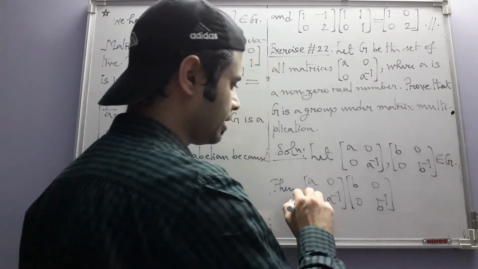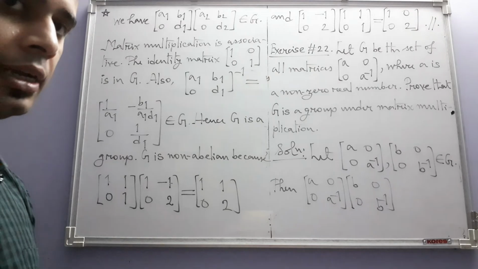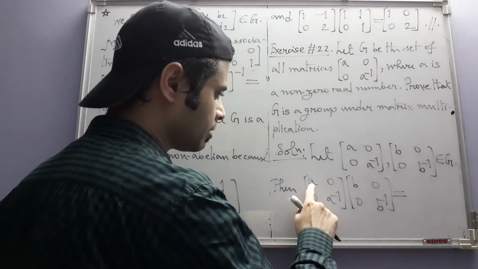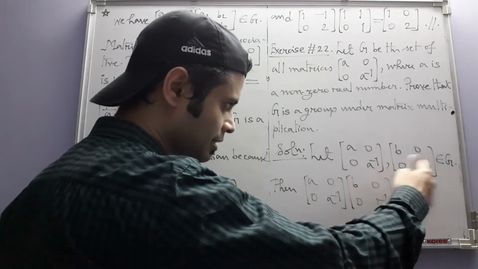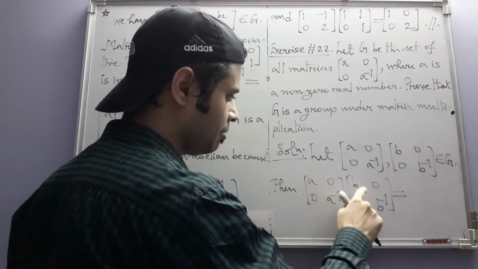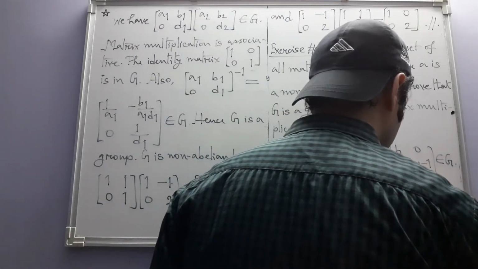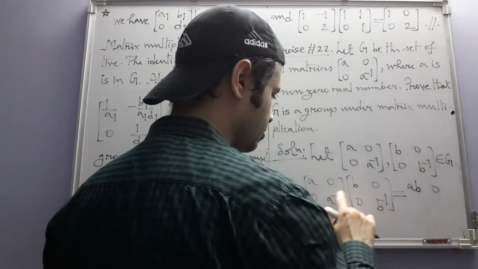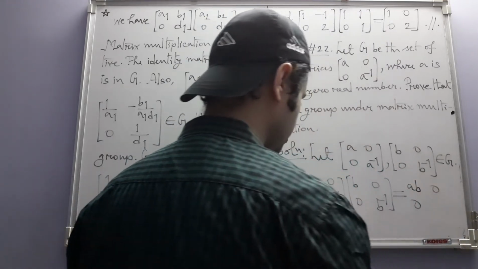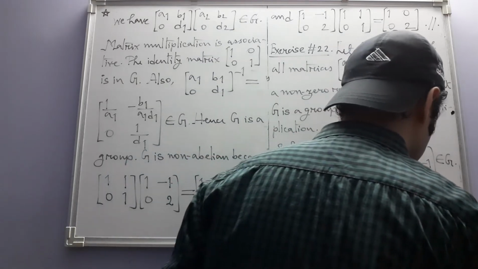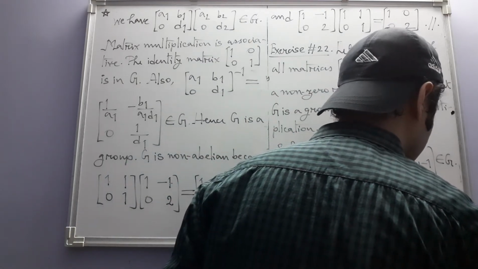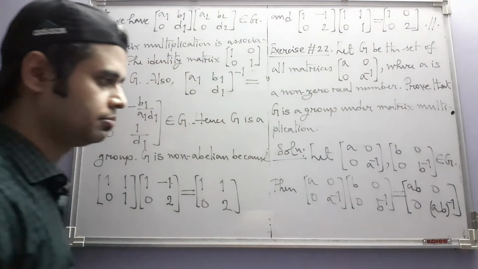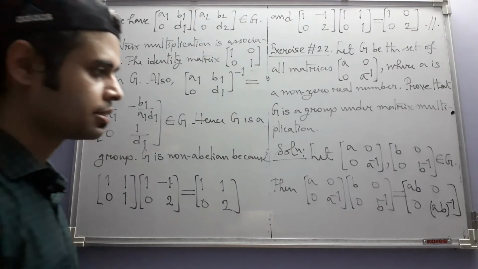The fact here is that the product of 2 diagonal matrices is again a diagonal matrix, and in this particular case you can see that if we multiply, the result will again be of this form. AB plus 0 gives us AB, A0 plus 0B inverse is 0, 0B plus A inverse 0 is 0, 0 plus A inverse B inverse is A inverse B inverse, which you can write as AB inverse, because the product of real numbers is commutative.